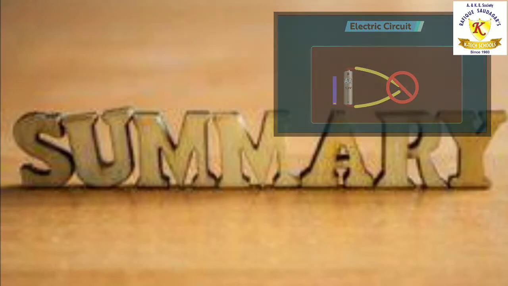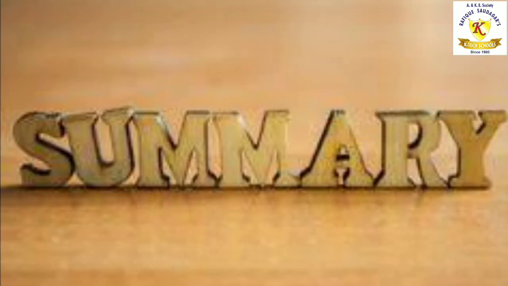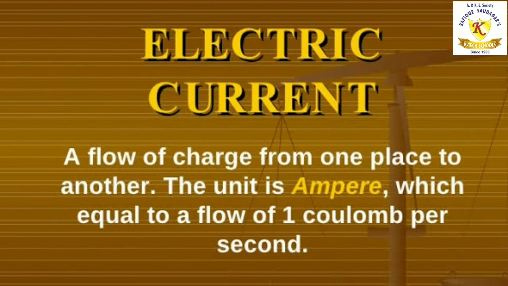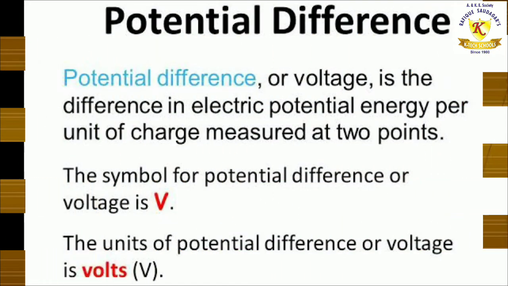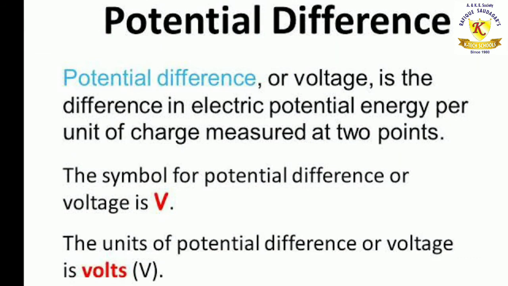Now let's take a look over the summary. What is electric current? A flow of charge from one place to another is called electric current. The unit is ampere, which is equal to the flow of 1 coulomb per second. What is potential difference?